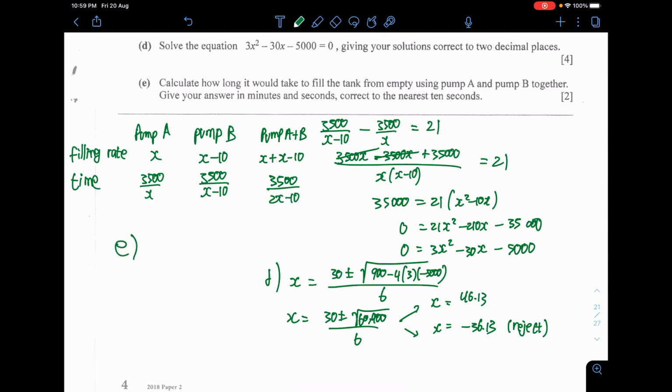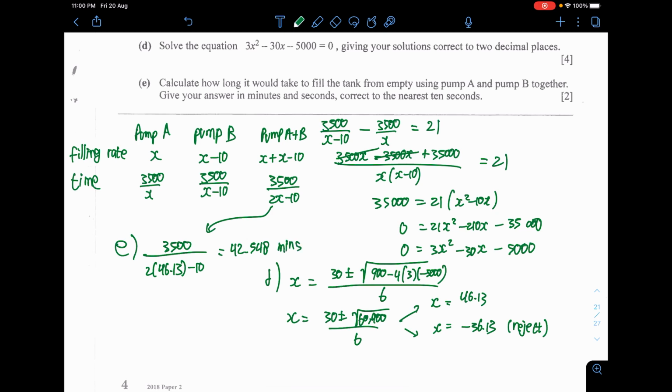So for part E, the question asks you to find out what? Find out the time. So you just take 3,500 divided by 2 times 46.13, minus 10. Alright, so let's do this. I got 42.548 minutes.